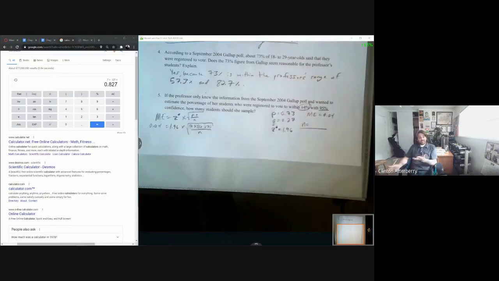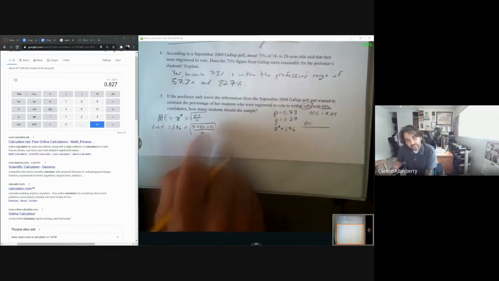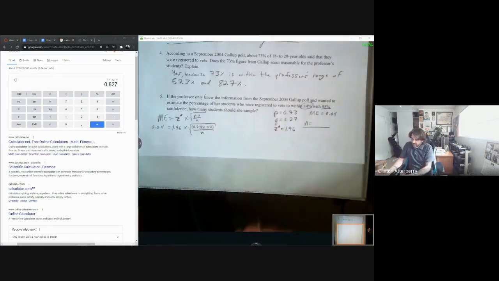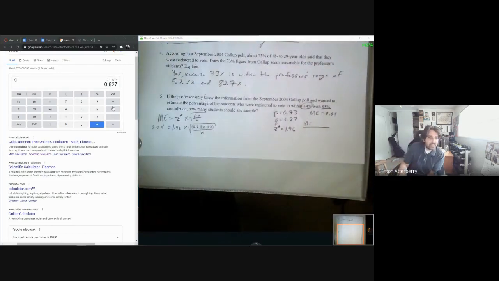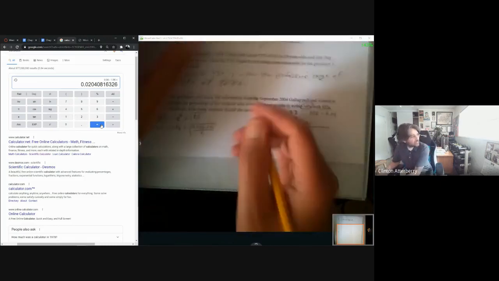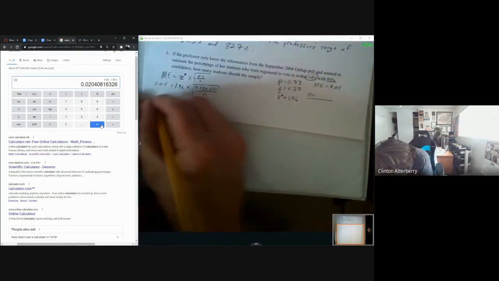So this is where algebra is going to come in. I'm thinking right now, divide both sides by this number, square both sides, and then do a little trick to get this N by itself, right? So let's start by dividing both sides by 1.96. So 0.04 divided by 1.96 gives me this number here. I'm just going to call that 0.0204.